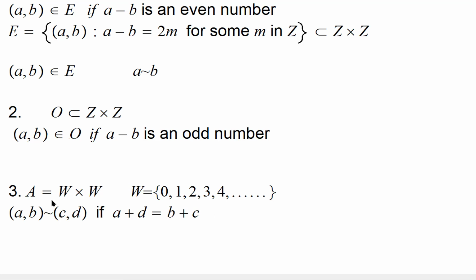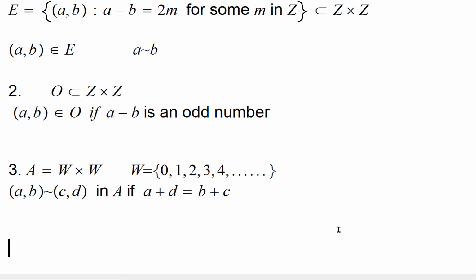So we just defined a relation in A. Those two elements of A are related if A plus D is B plus C. And in the same way, let me just look for a symbol. Let me call it P.